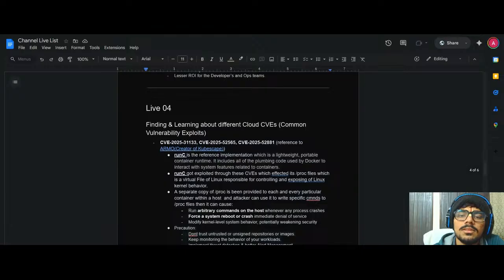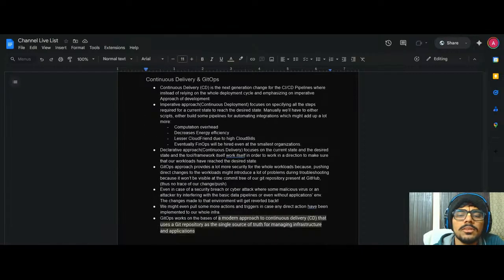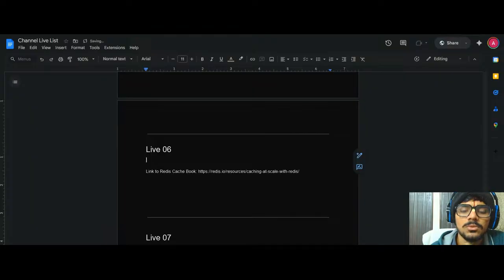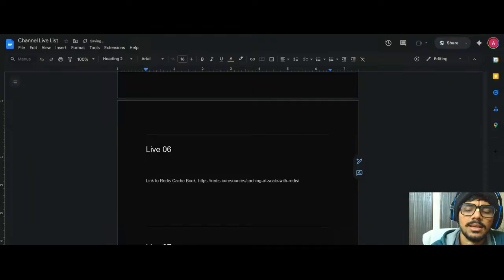And in live 4, we tried to look into the CVEs. And now we will try to look into Redis, exploring Redis recent updates, features, I would say, and reverse engineering it.